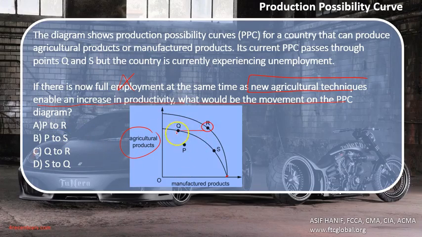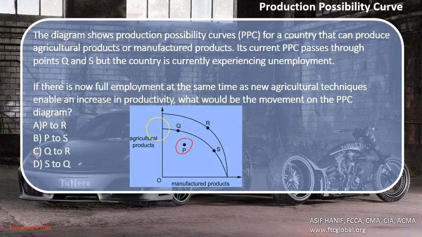Q will now move to R. If we were originally at P, let's see first. It says that its current PPC passes through points Q and S, and since we were not using our resources fully, we were originally at P. So P was the original point, underutilization.